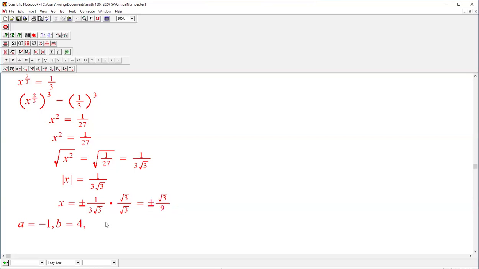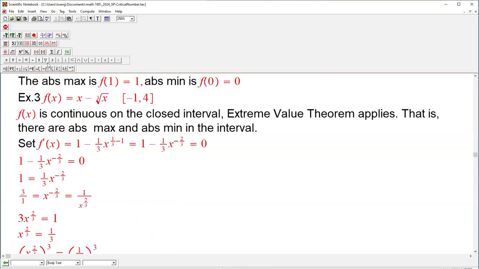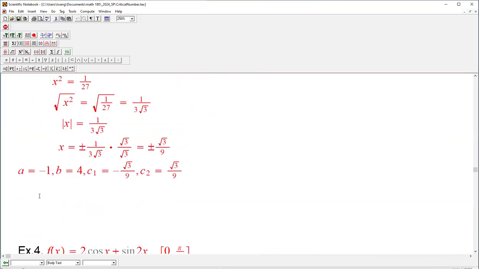C1 equals negative root 3 over 9, and C2 equals root 3 over 9. So we have 4 numbers to test for absolute max and absolute min. We're going to bring these 4 numbers in for comparison.